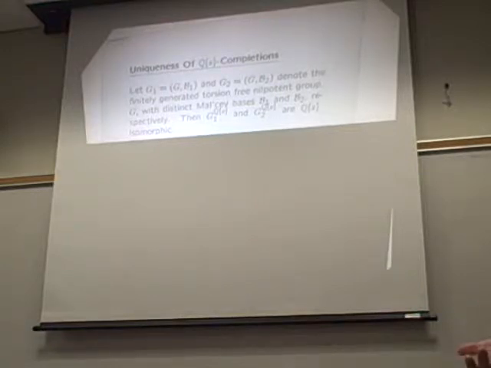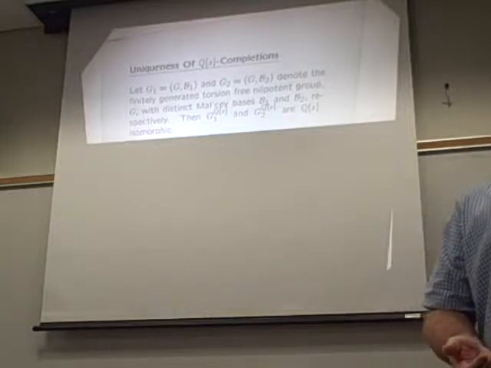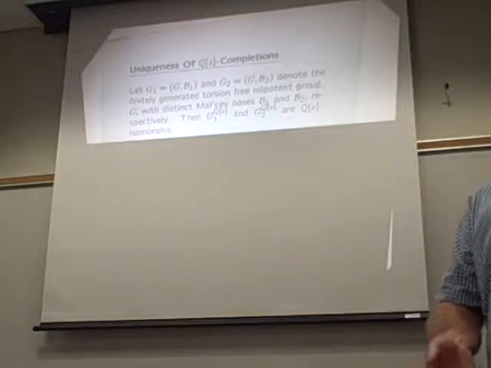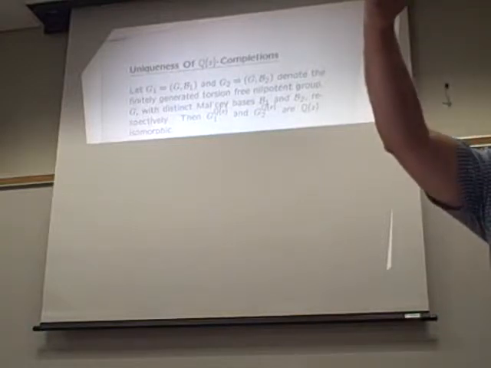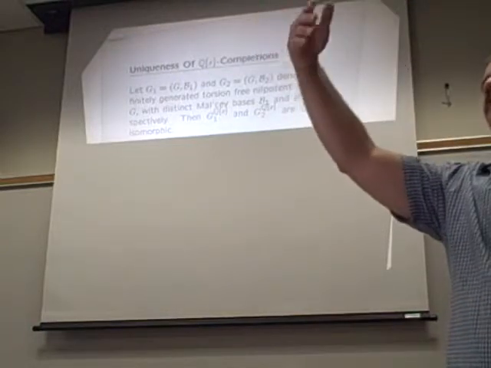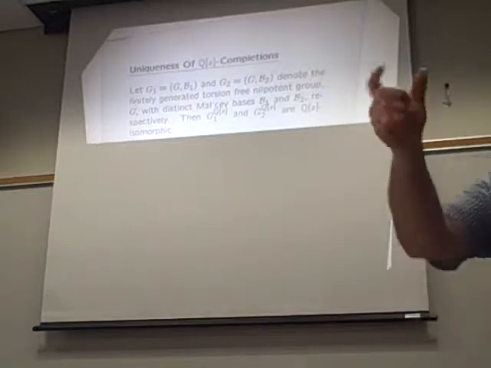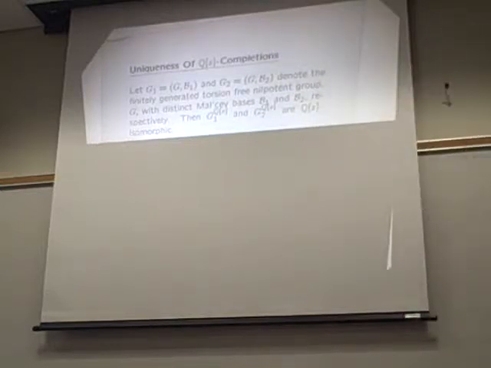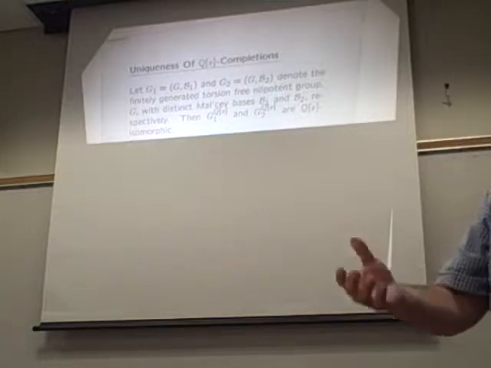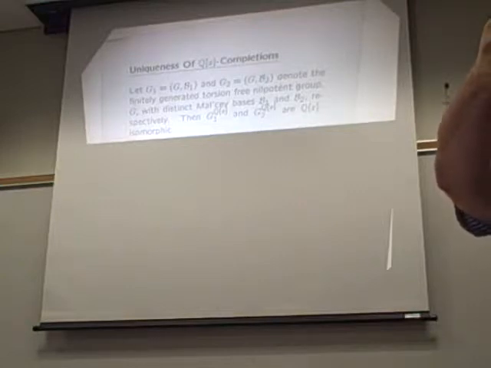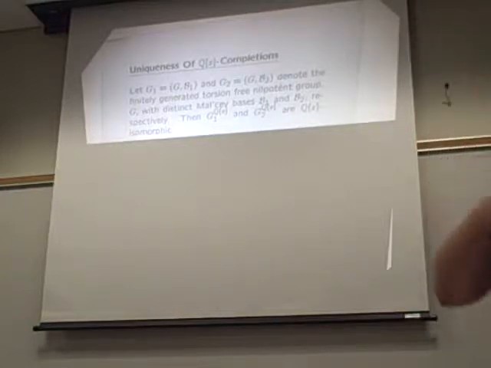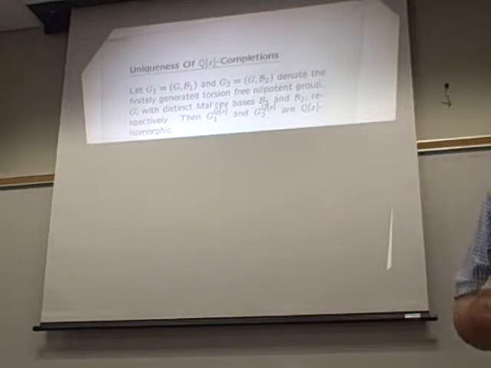Imagine I have a finitely generated torsion-free nilpotent group with a Maltsev basis u1 up to un, and I take those exponents and let them live in R rather than in Z. But what if I were to choose a different Maltsev basis for G? Now the expression for that same group element will be different. Does it matter which Maltsev basis I choose to form the R completion?